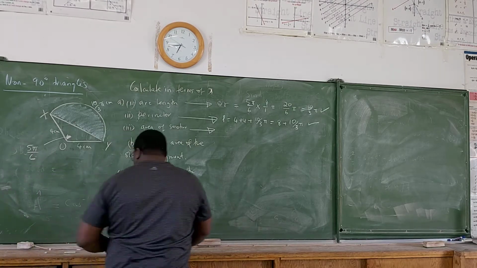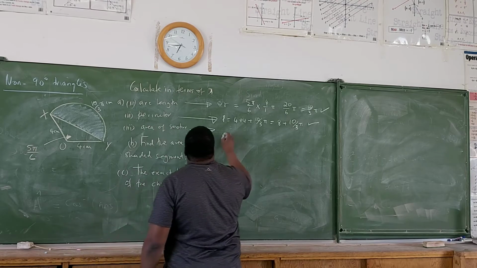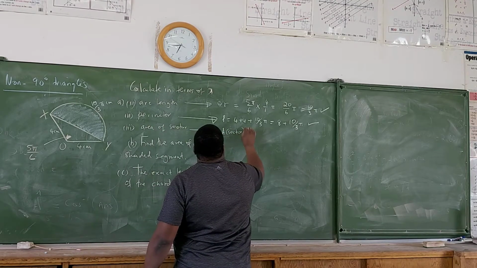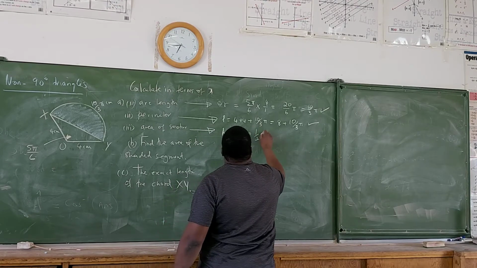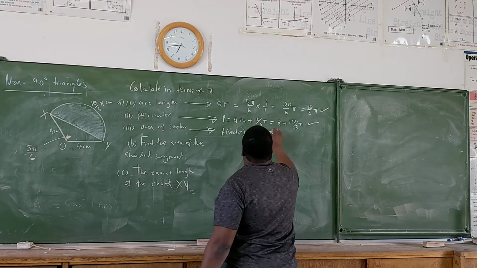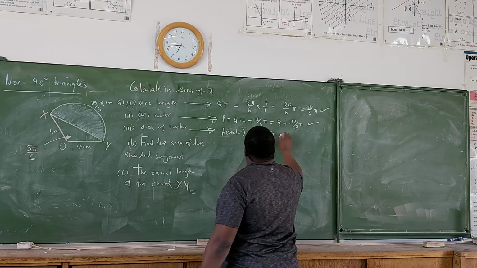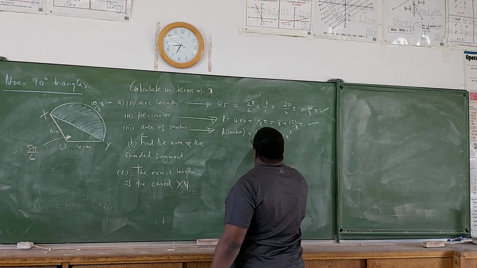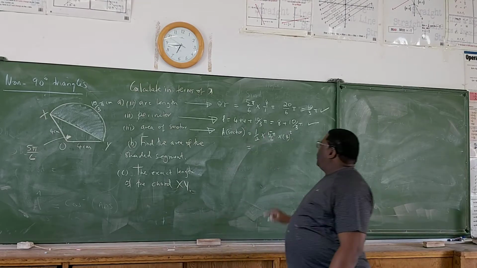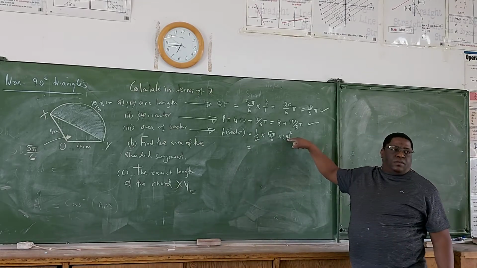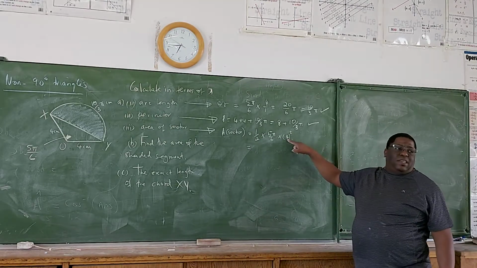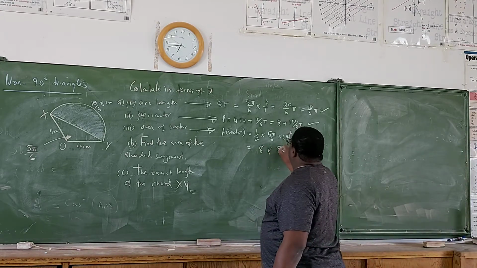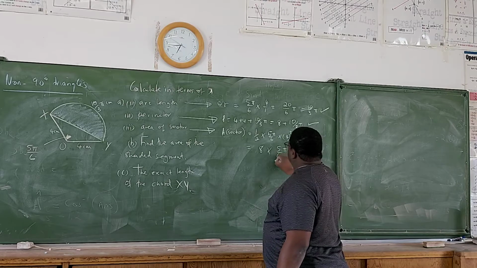So the area of the sector, you're going to use the formula half times 5 pi upon 6 times the radius squared, which is 4 squared. 4 squared is 16. A half of 16 is 8. So 8 times 5 pi over 6.